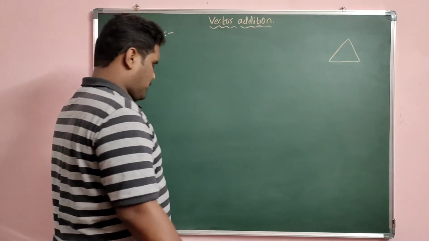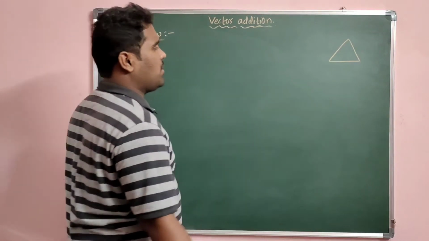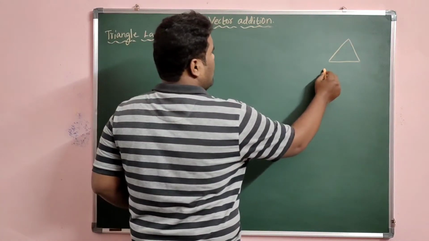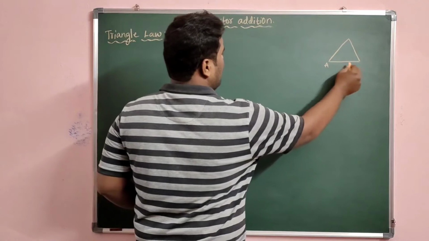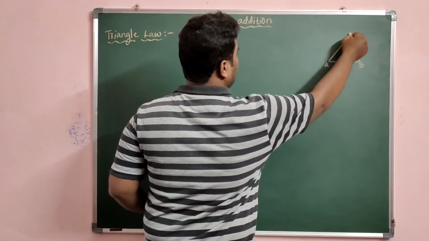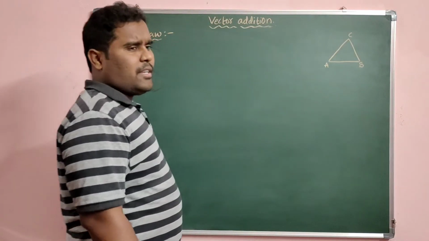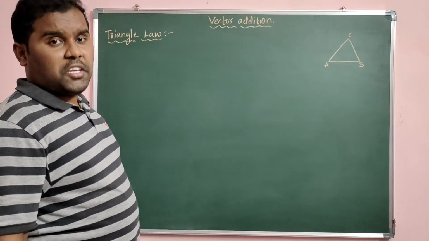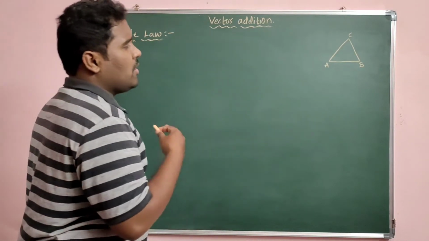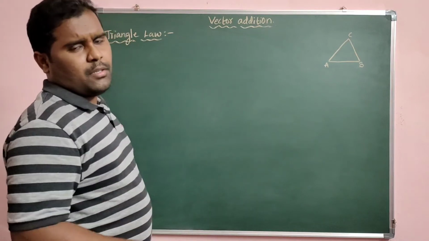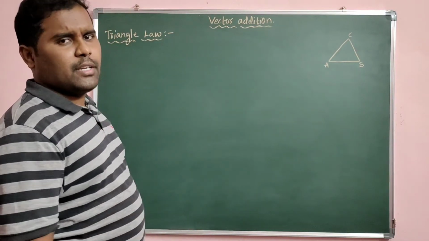Now you see, a few words I want to explain. This is A, this is B, assume this is C. If you want to read in order, how will you read? A to B, B to C, C to A. You have to read in that way.